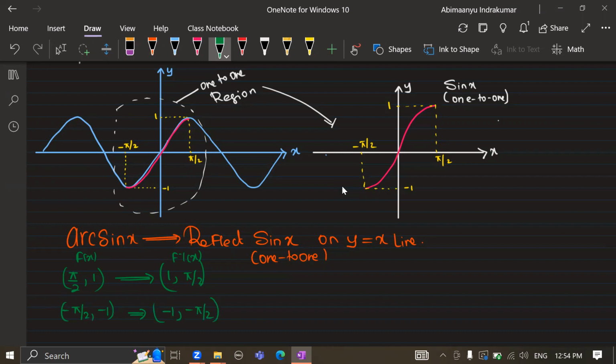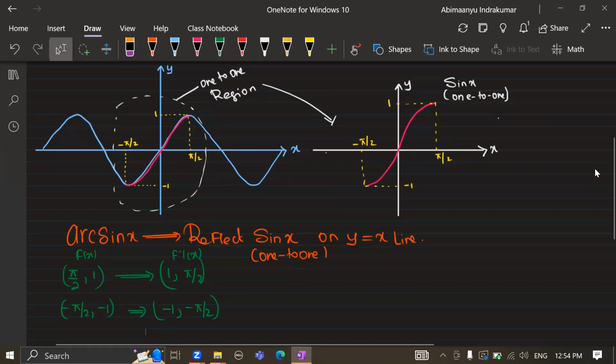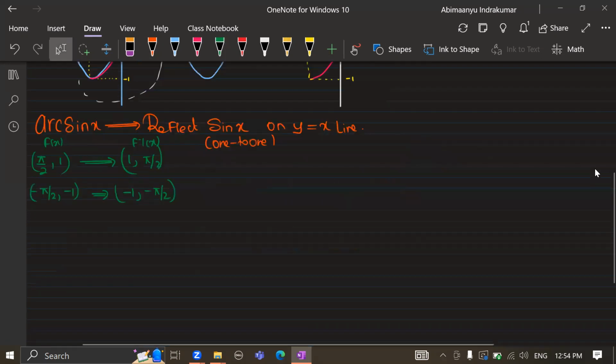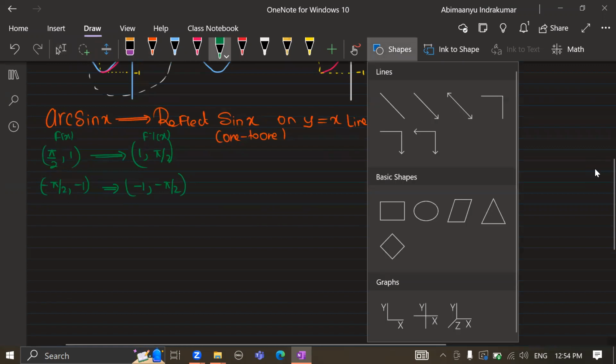As a result, the arc sine x graph would look something like this.